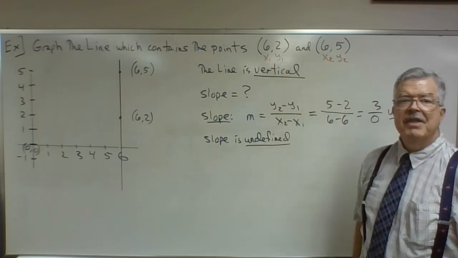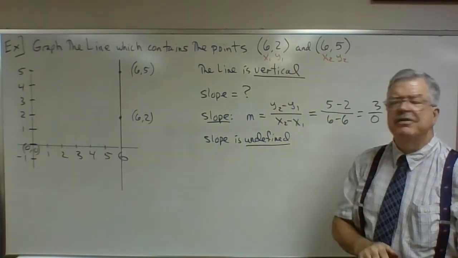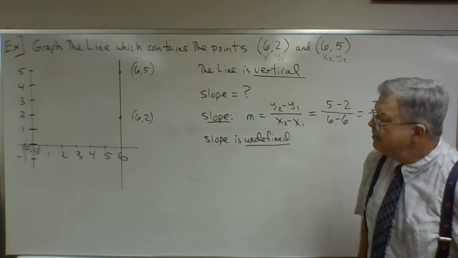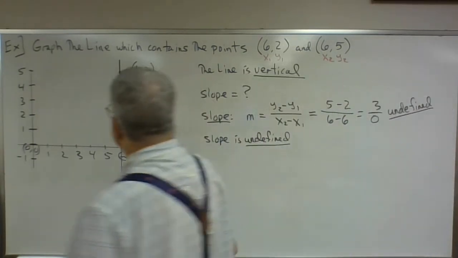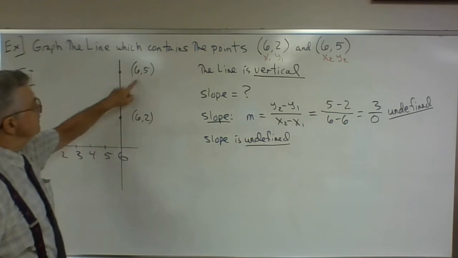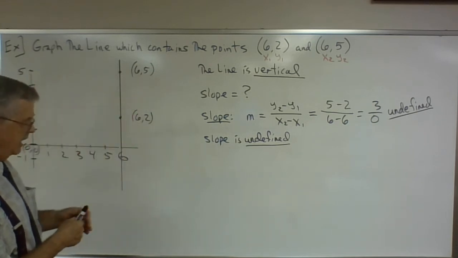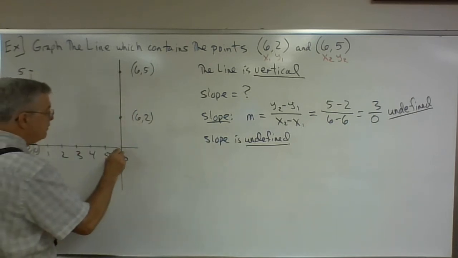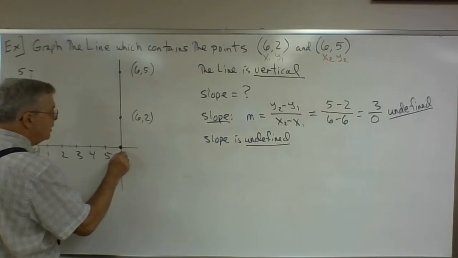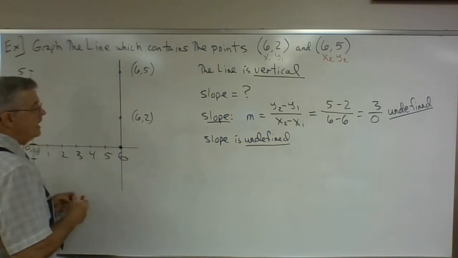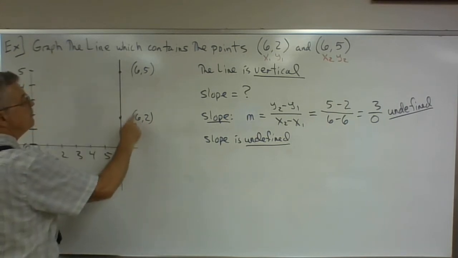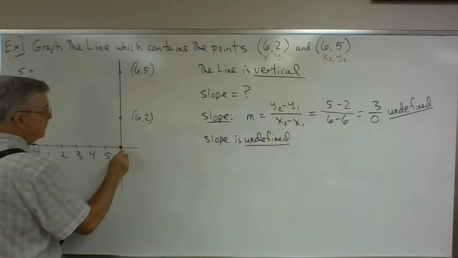You catch that? The x coordinates are the same. As a matter of fact, not only are the x coordinates of these 2 points the same, but here's our x-intercept down here, and the x-coordinate of the 2 points are 6.